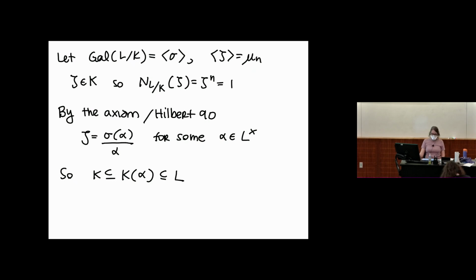Now, if I multiply both sides by alpha, I get that sigma alpha is zeta alpha. So sigma to the i alpha is zeta to the i alpha, because every time I apply sigma, I get an extra zeta, and zeta is in K, so sigma doesn't do anything to it.